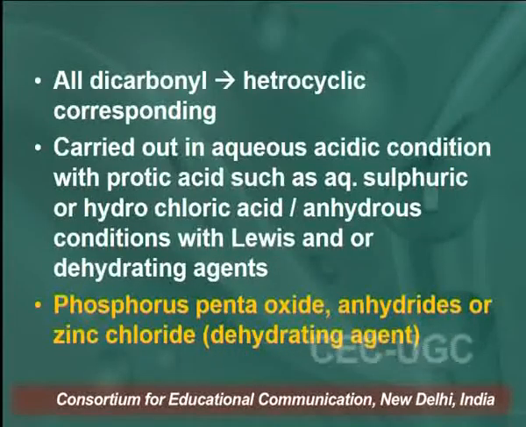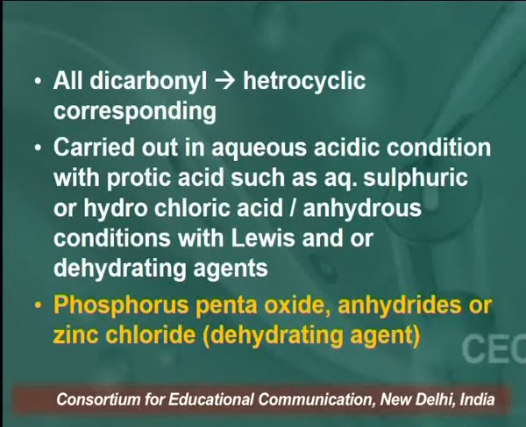Now we will discuss the synthesis of furan. In this synthesis, the dicarbonyls are converted into the corresponding heterocyclic compounds, and the reaction is carried out in aqueous acidic condition.